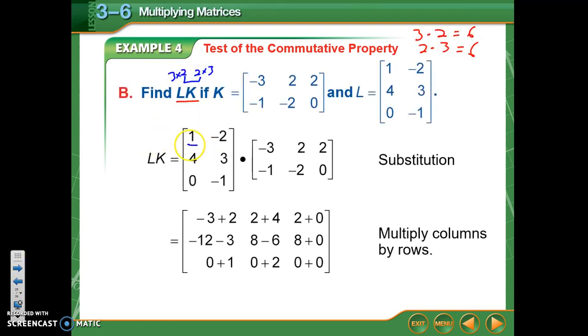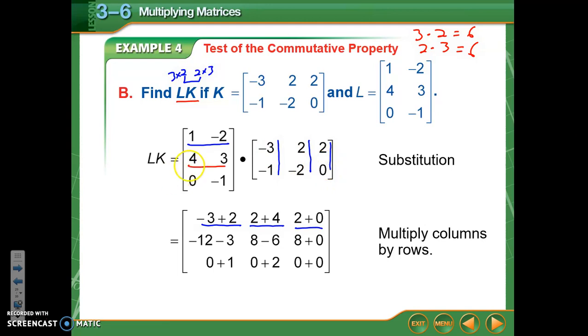So I'm going to do my multiplication. First row times the first column, that goes here. First row times the second column, that goes here. First row times the third column, that goes here. And remember when I say times the column, I'm talking about the first element here times the first element here plus the second element here times the second element here. So we're multiplying and adding.